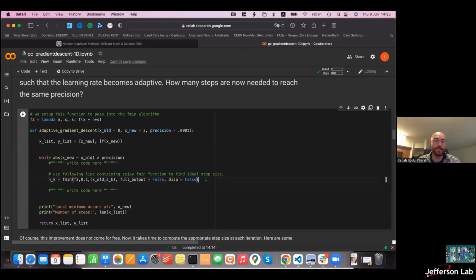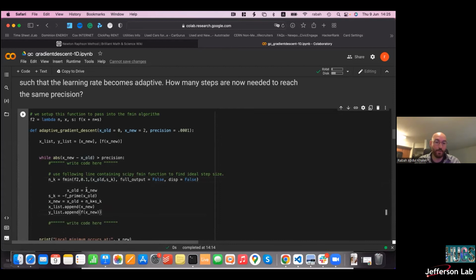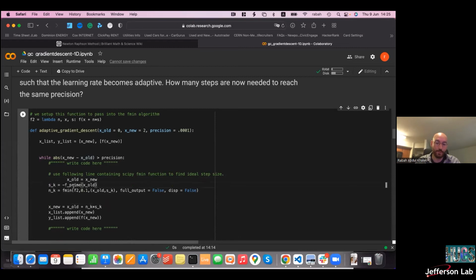So this basically computes the learning rate from the previous step that you were able to find. And the way to do it is just copy the previous algorithm, but instead inject this learning rate. And then let's see what happens.